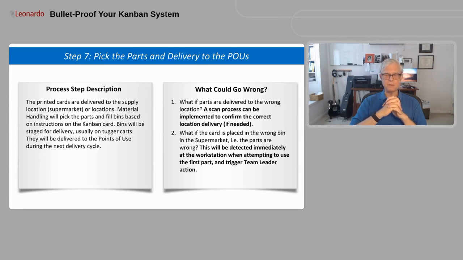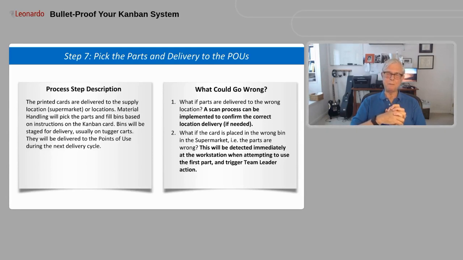Second thing that can happen is, what if back in the supermarket, they place the wrong card in a bin, or when they're placing the cards in the bin or attaching cards to the bins, they mix them up in some way or another. So you've got essentially the wrong parts in the bin based on the card. You're going to find this out immediately at the workstation, because you're going to have a bin with the wrong part in it.